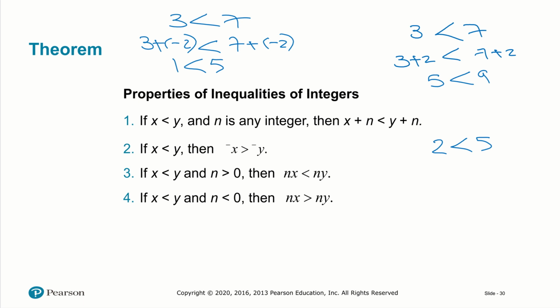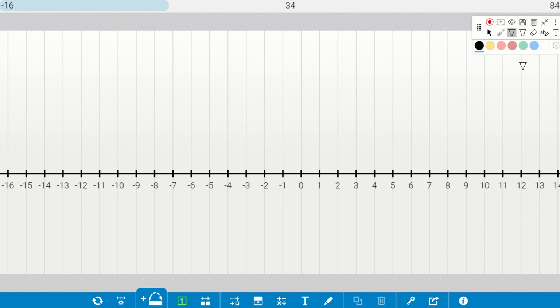Let me take this to a place where I can show you a nicer number line. Okay, now we know, for example, that 2 right here is less than 5, right? So let me mark them. So we know 2 is less than 5. Now, let's look at what happens if I multiply both sides by -1.